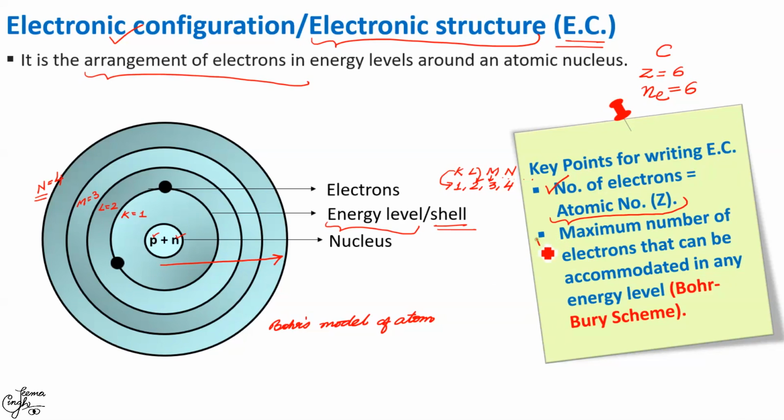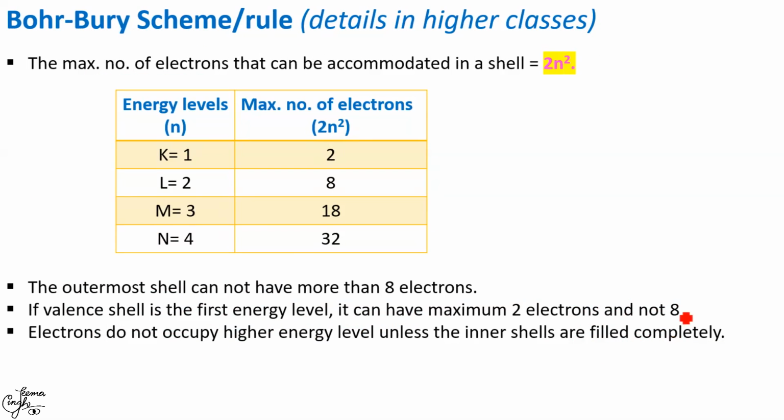The next point is to know the maximum number of electrons that can be accommodated in any energy level. How do we know this? This is given by a scheme known as the Bohr-Bury Scheme. Now, Bohr and Bury are the names of two chemists, Niels Bohr and Charles Bury. According to this scheme, the maximum number of electrons that can be accommodated in any given shell is given by the formula 2n square.